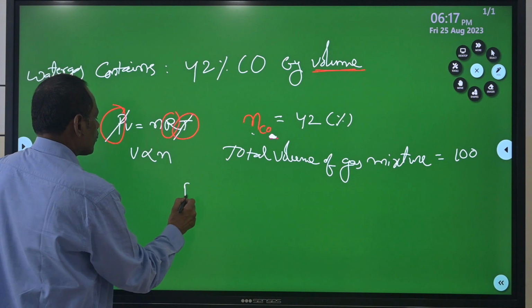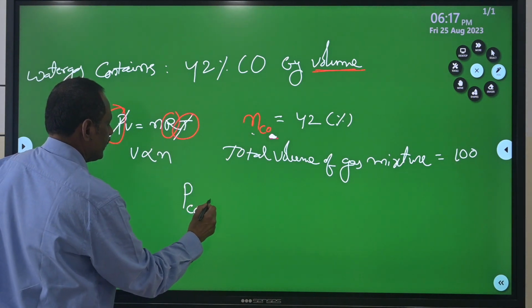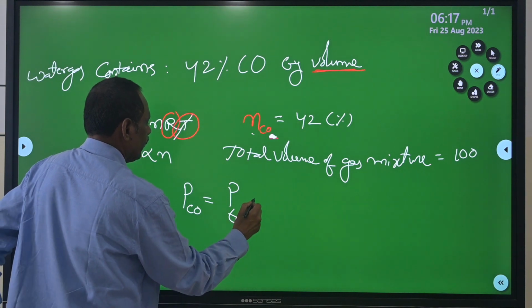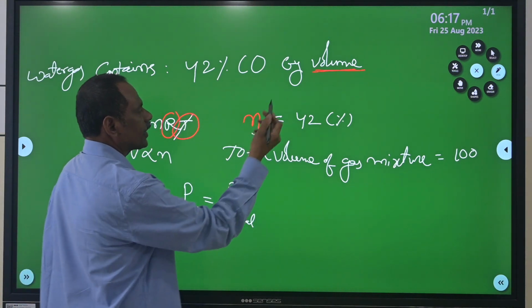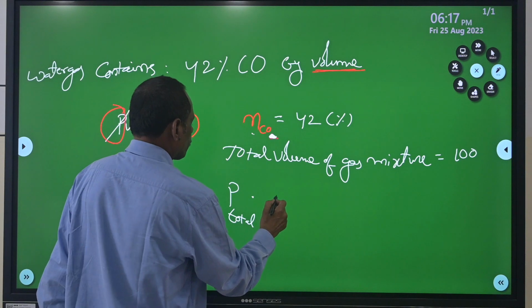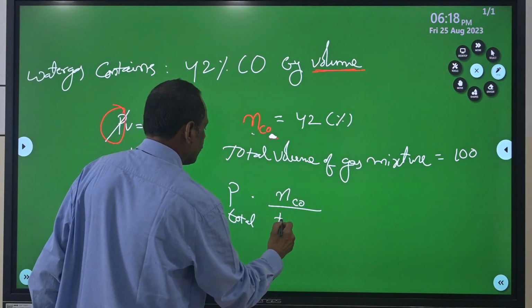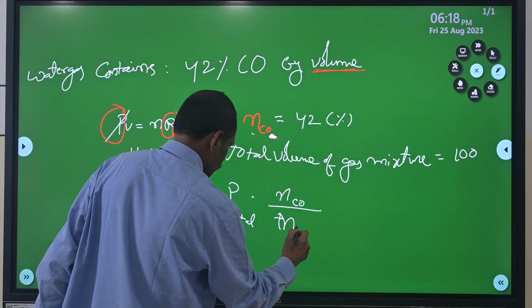Therefore, the partial pressure of carbon monoxide is equal to the total pressure of the gas mixture times the mole fraction of carbon monoxide. Mole fraction of carbon monoxide means number of moles of carbon monoxide by total number of moles.